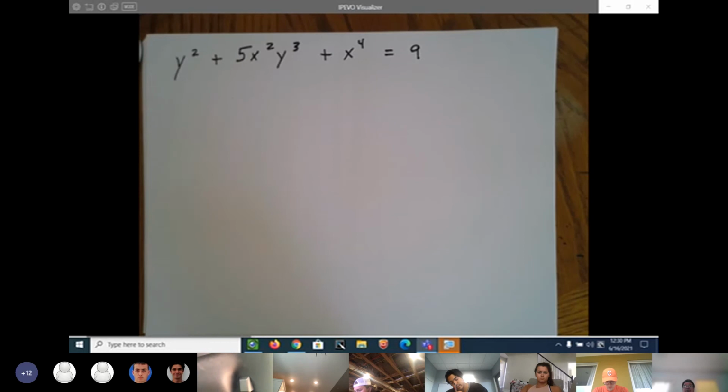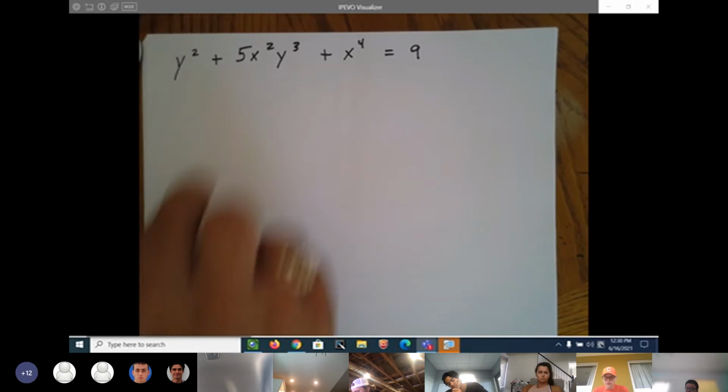So y'all might as well just quit. Why? Too much work. Somebody tell me where the nested is. Where is the property inside the property? Where is it? 5x squared or y cubed.